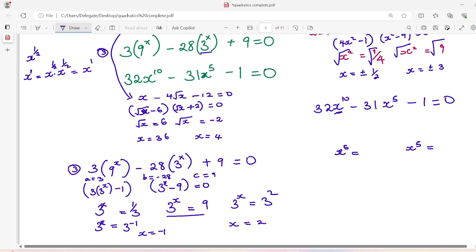The b, take it to be negative 31, and then, okay, so hold on, the a is 32, the b is negative 31, and the c is negative 1.